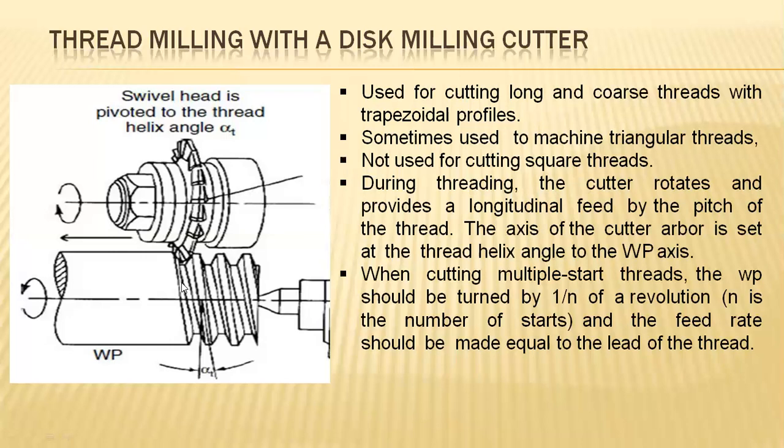Triangular type of threads need to be commenced, and the cutter has the capability of rotating in order to get a particular longitudinal feed by the pitch of the thread, where this axis of the cutter, which is fixed with respect to the arbor, is set at a particular inclination at which the desired shapes, such as triangular threads or else square threads or trapezoidal profiles, need to be obtained over the working environment.